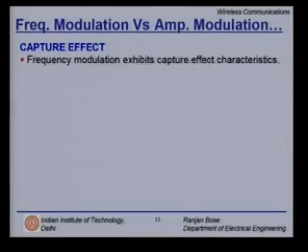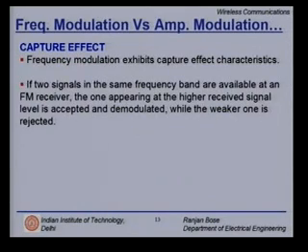Capture effect. Frequency modulation exhibits capture effect characteristics. What is that? If two signals in the same frequency band are available at an FM receiver, the one appearing at the higher received signal level is accepted and demodulated, while the weaker one is rejected.